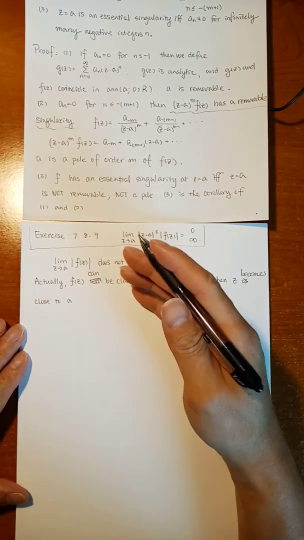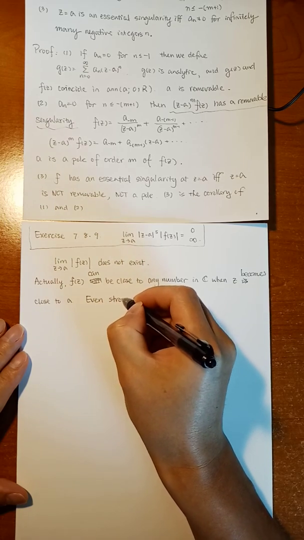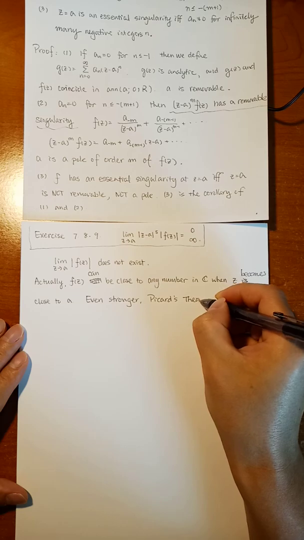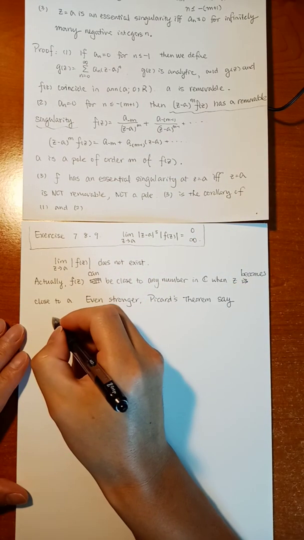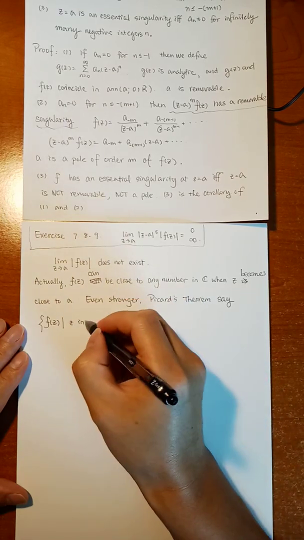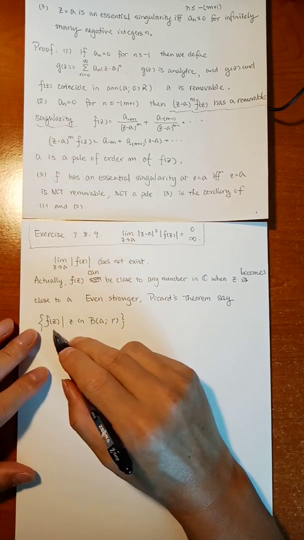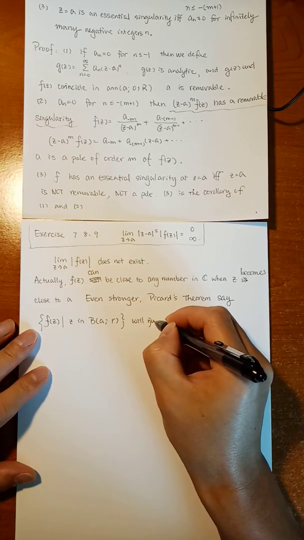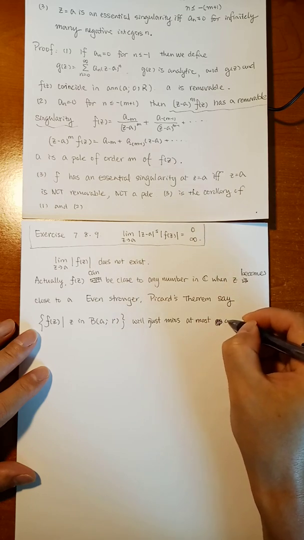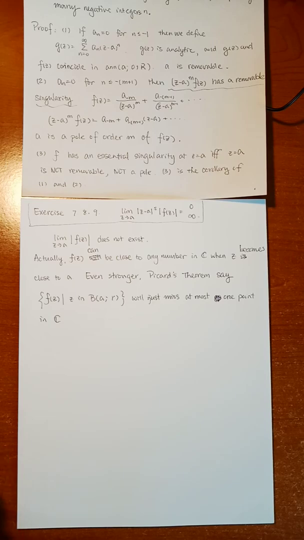So that's theorem 1.21. Actually, even stronger, the Picard theorem says the f of z, for z in some neighborhood, I don't know the radius, let's just put whatever radius, small enough, f of z will just miss at most, not open, 1 point in C. It will only miss at most 1 point.